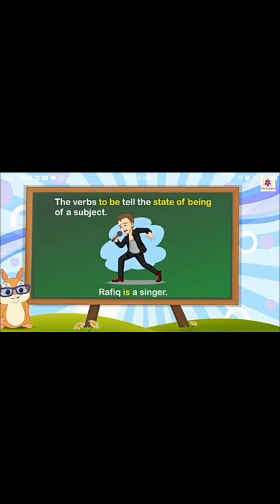See, Rafiq is a singer. So is here is a linking verb, and this is a to be form of verb. The verb to be tells the state of being. The verb to be tells us how the subject is, the state of being of a subject. So subject is Rafiq. So what is Rafiq? Rafiq is a singer.